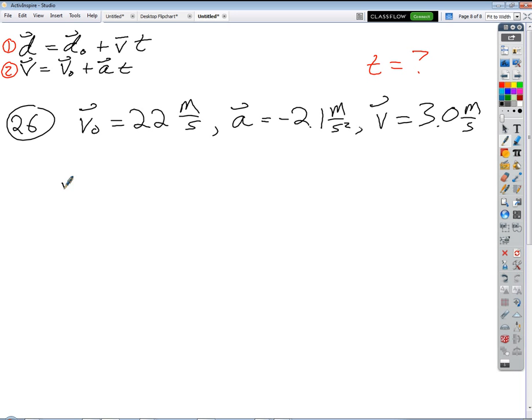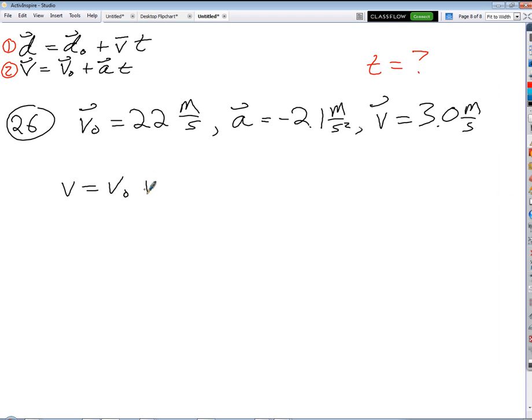Okay, so trying to find T. So this time, Ezra, what are the steps we have to go through to solve for T this time? In order, we would subtract V naught from both sides.